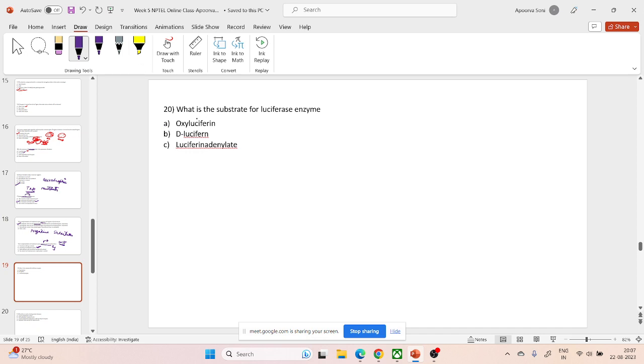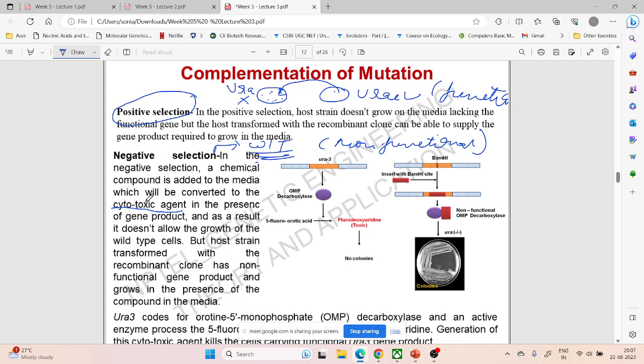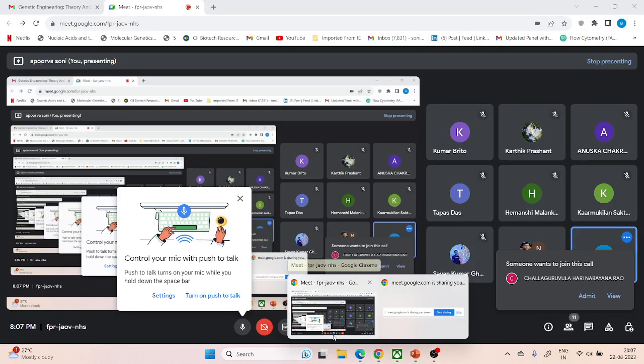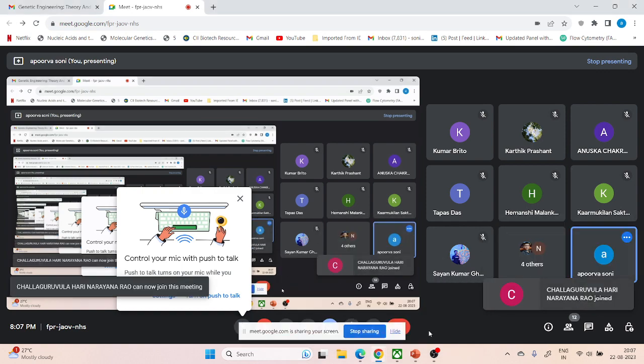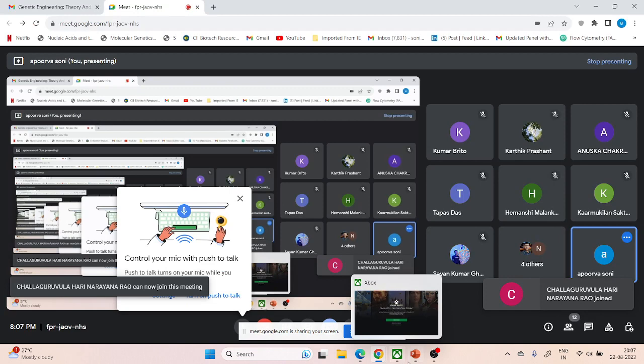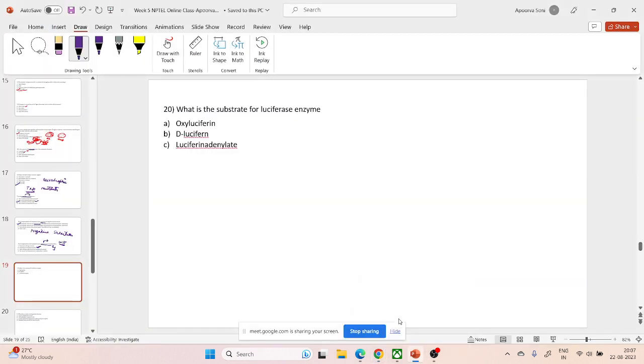Now, the next question is, what is the substrate for luciferase enzyme? Oxyluciferin, D-luciferin, luciferin adenylate. Just a minute. So what is the answer?